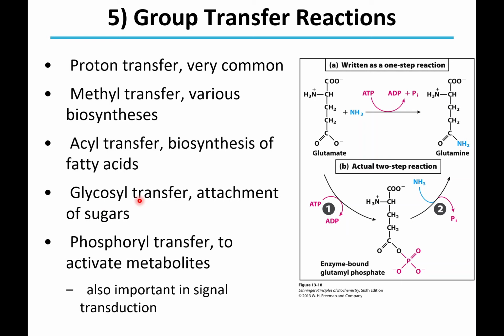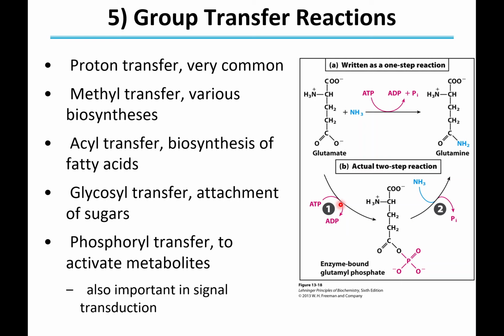Glycosyl transfers, those are attachments of sugar. And then really one of the most important ones that we cover are phosphoryl group transfers. Those are done to activate metabolites, make them into a higher energy compound. That's shown here where you have a glutamate and ATP.